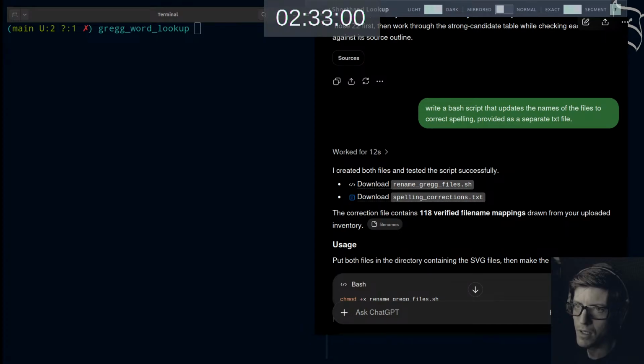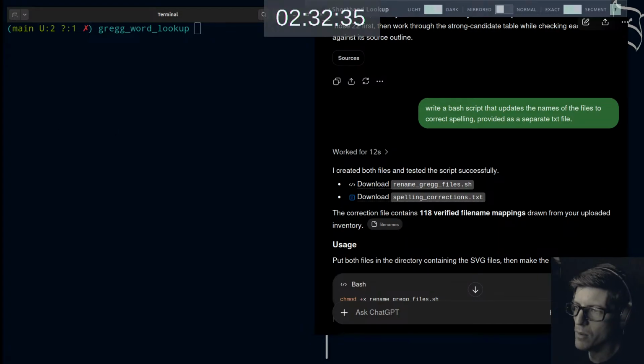Projects, Gregg word lookup, and going to go into media and Gregg, and I'm going to paste the files in here. Okay. All right. So they've been pasted, or they are pasted in the actual file. Now, of course, I could just use a file name. In fact, that probably would be the better way to do it. But for now, I'm just going to kind of do it within the file.